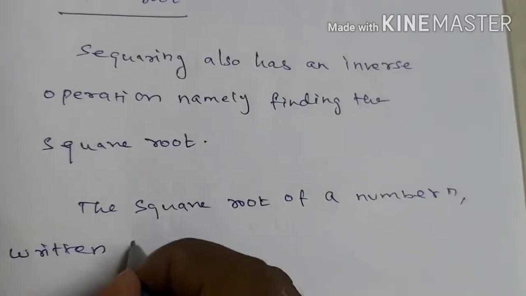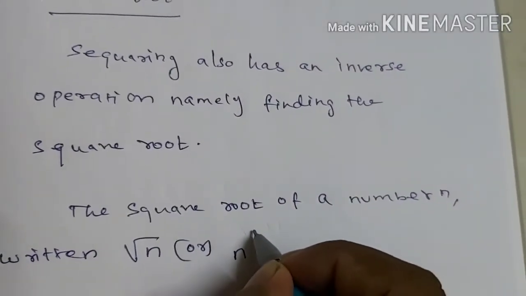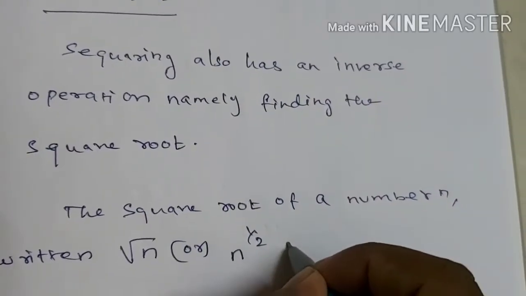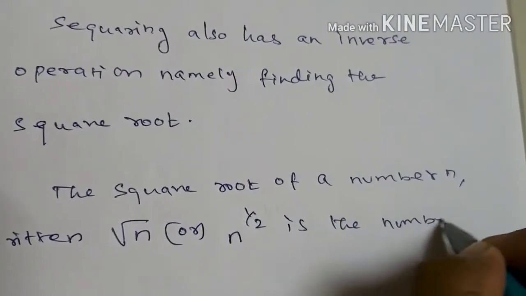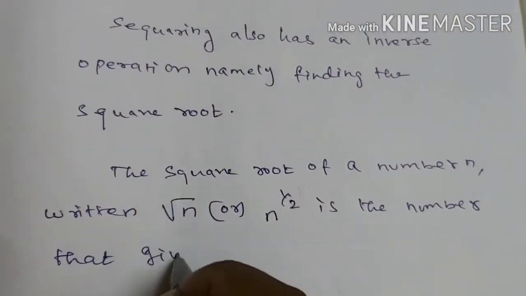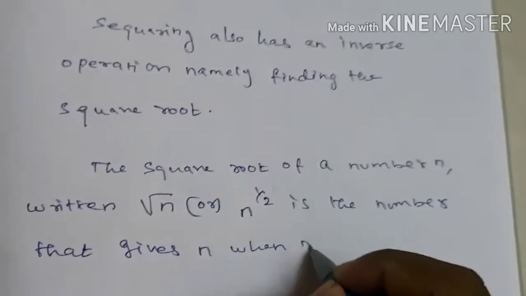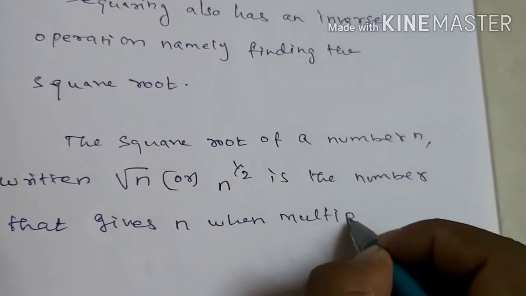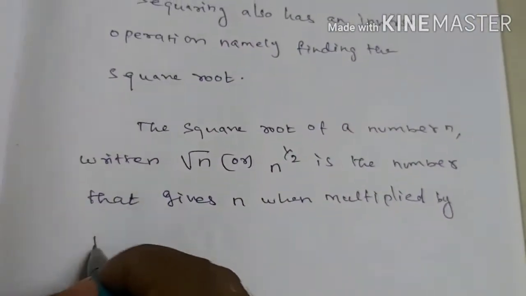written as square root of n or n power 1 by 2, is the number that gives n when multiplied by itself.